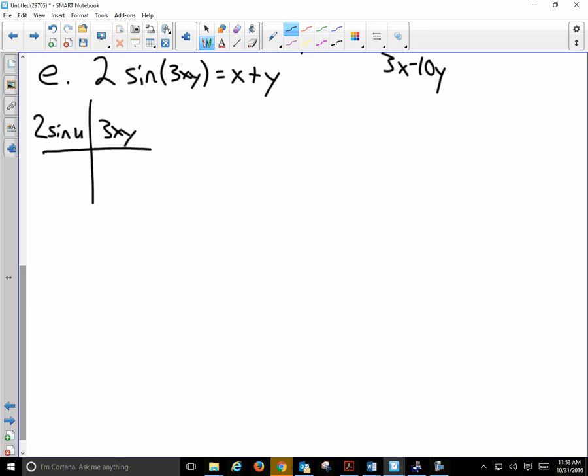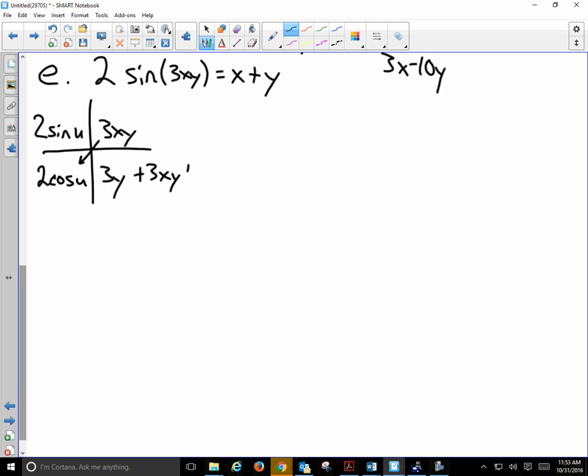Okay. All right. So derivative of 2 sine of u. And then how do I do the derivative of 3xy? Product rule. Derivative of 3x times y plus 3x times, what's the derivative of y? Y prime.